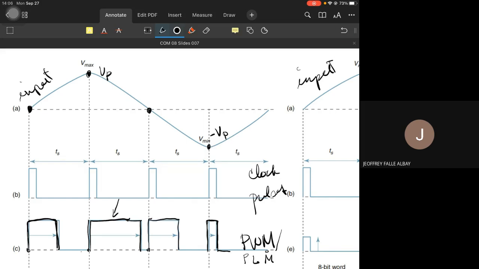Again, this is just for example, no? Because I think mas accurate ani kung depende lang maging sa pagka-design, no? Siguro mo ni kung 0 volts and somewhere dire ang negative VP. So from 0 to negative VP, mag-vary ang width sa atong output.